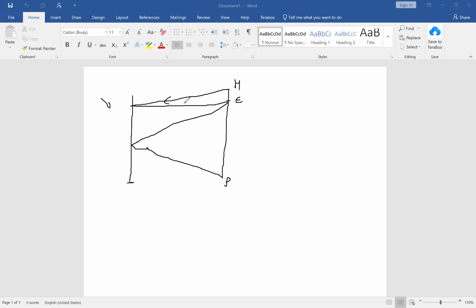So it means this is the reflected ray, and this light can enter, and this light can also enter.